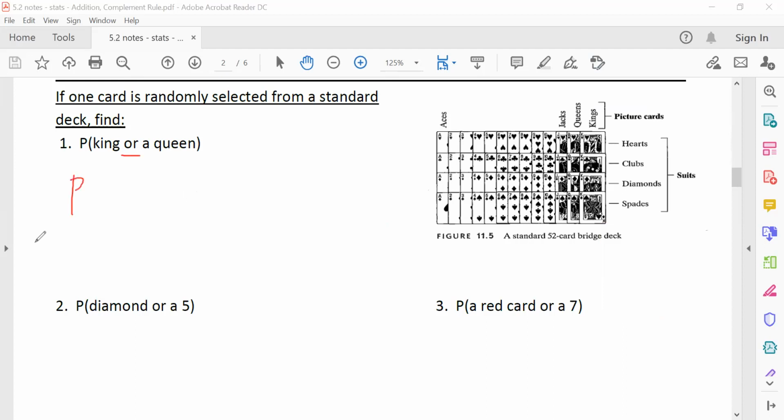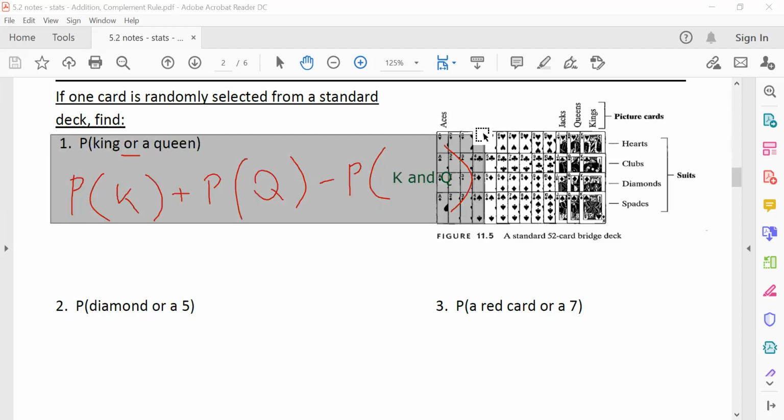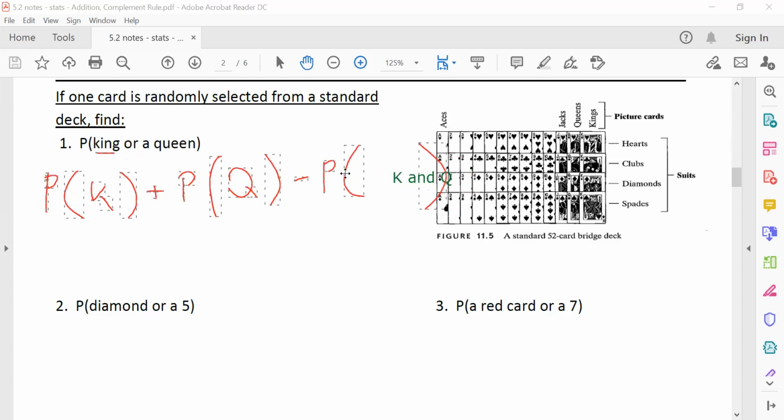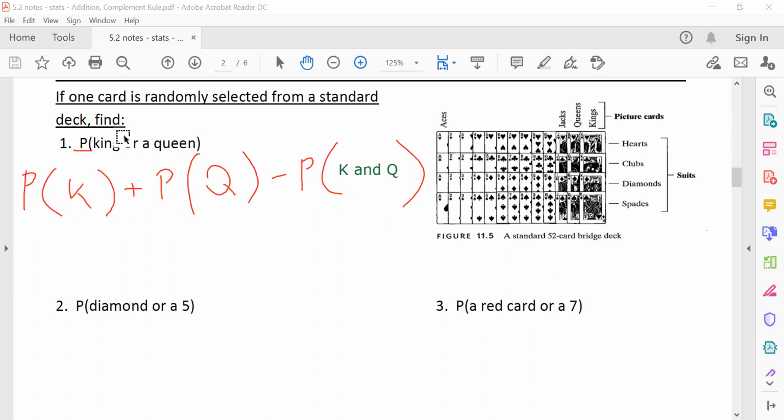So this is going to be the probability of getting a king plus the probability of getting a queen minus the probability of getting both, and I'm just going to have to write it in text, a king and a queen. I'll move it all over here. Just using the word or we see there.